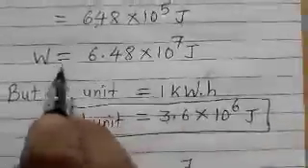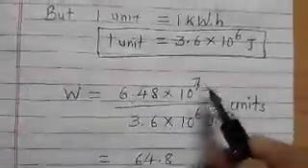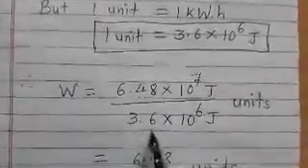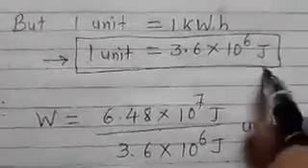So we have to find this in terms of units, how many units are consumed. So divide 6.48 into 10 raised to 7 joule upon 3.6 into 10 raised to 6 joules. This is a constant value. 1 unit is equal to 3.6 into 10 raised to 6 joule. This is constant and we have to learn it.